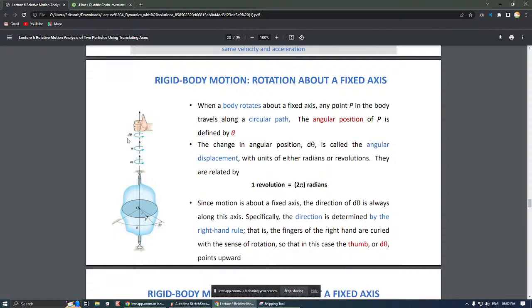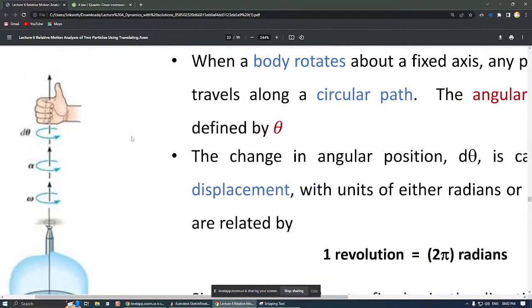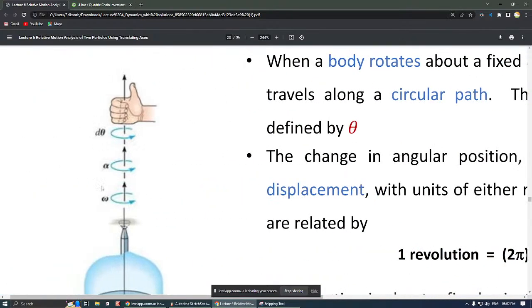So d theta means displacement. What is alpha? Angular acceleration. And omega?